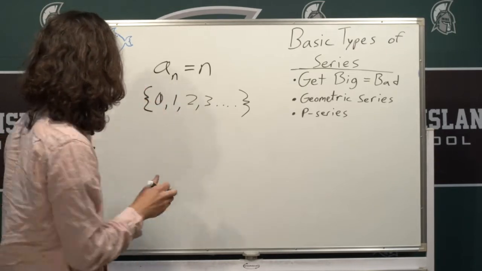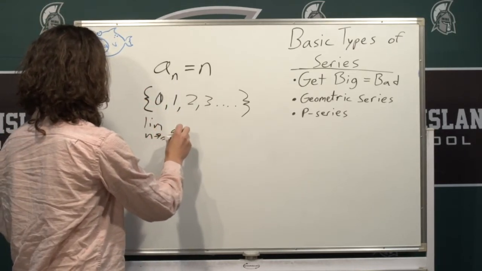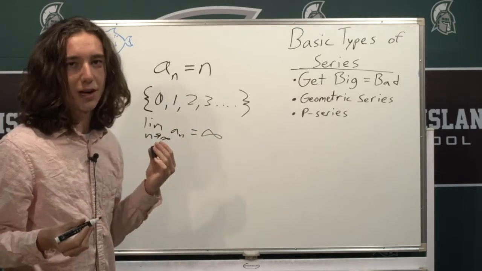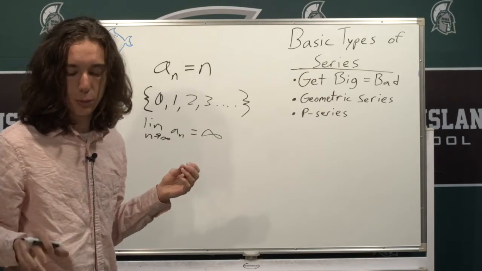The infinitieth term, the limit as n approaches infinity of a sub n equals infinity. And so that's really easy to say that when you add up a bunch of things that eventually get super big, the sum gets super big.